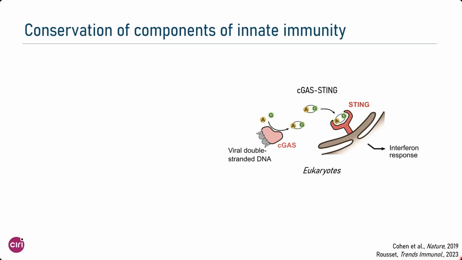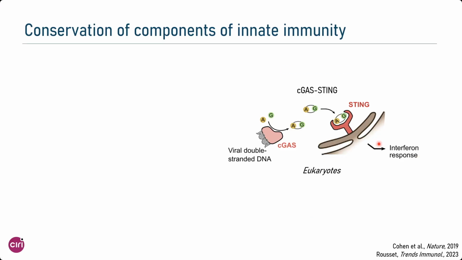And in our own cells, we have an enzyme that is called cGAS that senses nucleic acids in the cytoplasm. And this is typically a sign of infection because DNA should be only in the nucleus. And when cGAS senses double-stranded DNA, it starts producing a molecule that is called cGAMP, cyclic GMP-AMP. And this signaling molecule binds to the STING receptor to trigger the interferon response. And so this will alert the organism that an infection is going on.